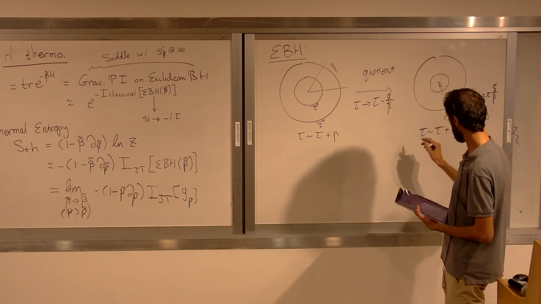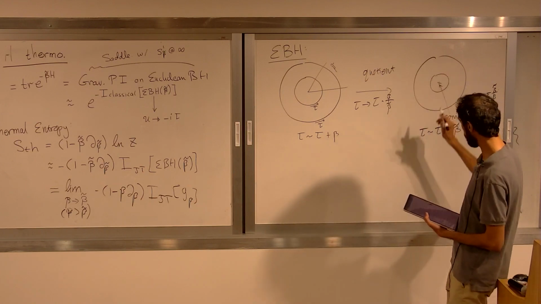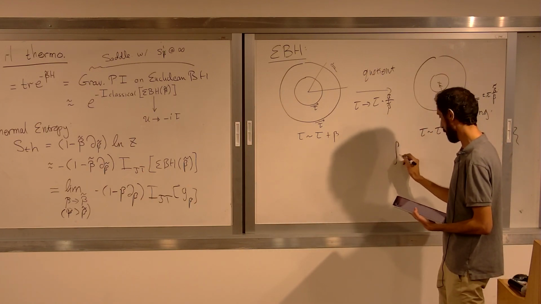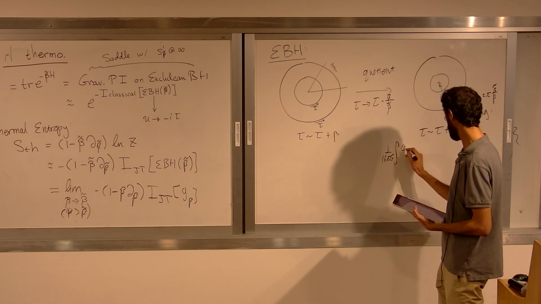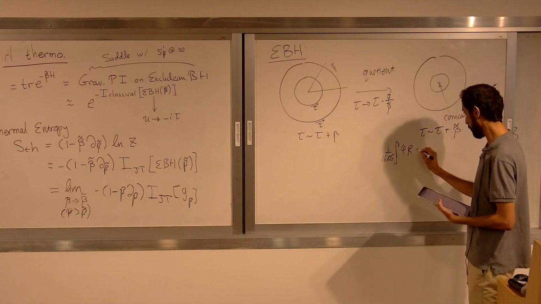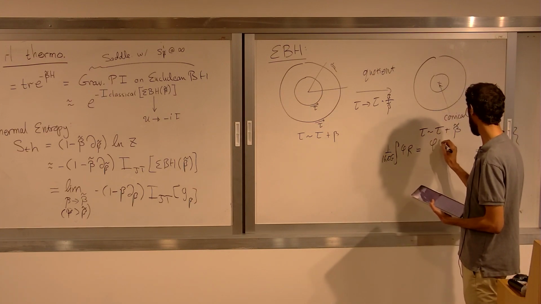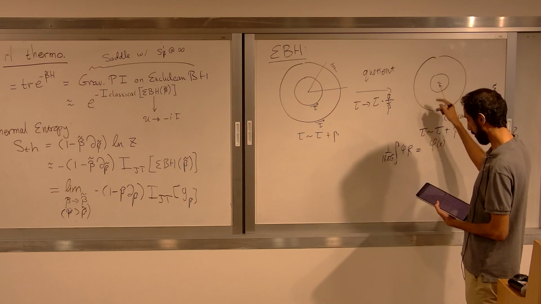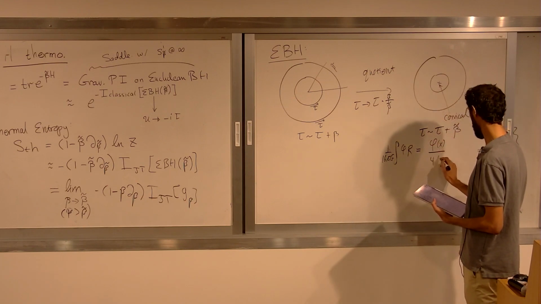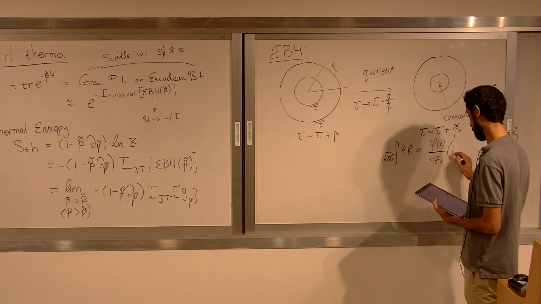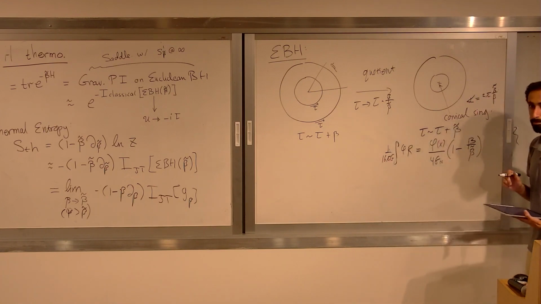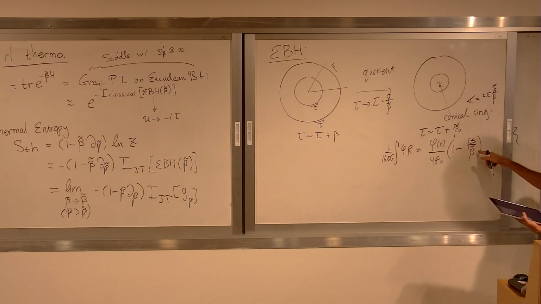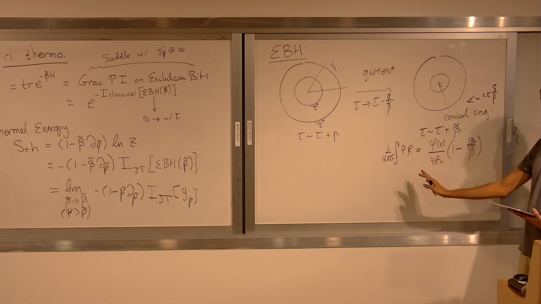Having this singularity here means that if I give you the space-time, and you compute, say, 1 over 16 pi G of phi times R, what you will get is phi evaluated at the conical singularity over 4 G Newton times 1 minus beta over beta tilde. Well, this makes sense. If I take beta to go to beta tilde, then I'll get 0.